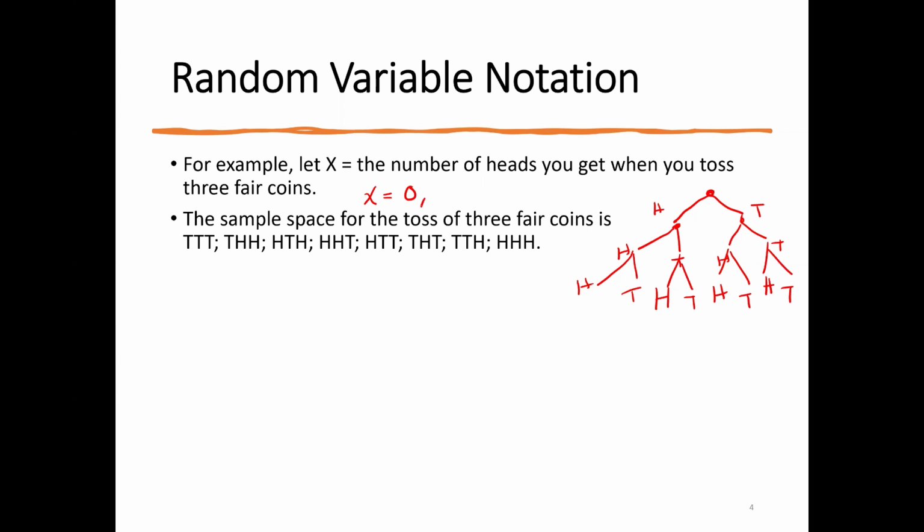What other value can X take on? Well, you could toss 3 fair coins and just get 1 head, correct? So it could be a 1. You could get 2 heads, so it could be a 2, or you could toss 3 fair coins and all of them be heads. So the random variable is the number of heads you get when you toss 3 fair coins. The value that your random variable takes on would be 0, 1, 2, or 3.